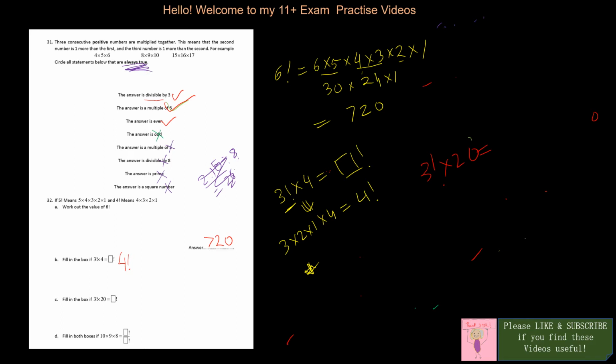Fill in the box: 3 factorial times 20 equals what factorial? So you have 20 times 3 times 2 times 1.